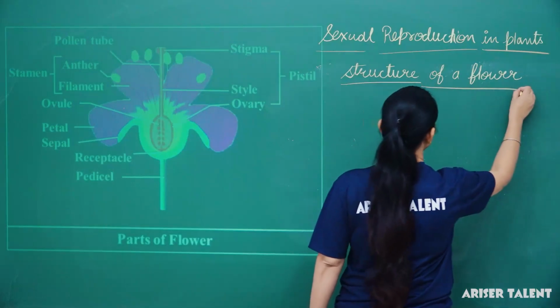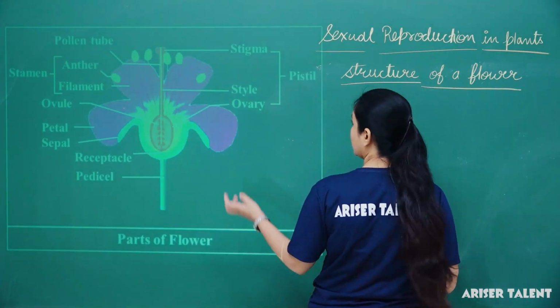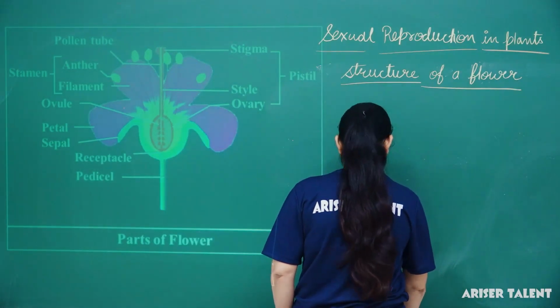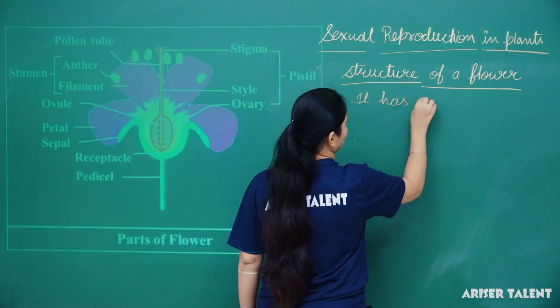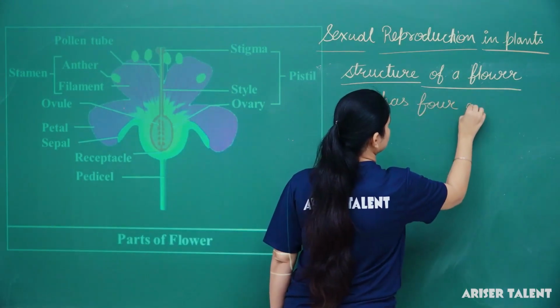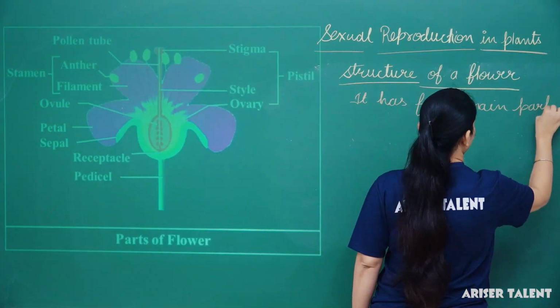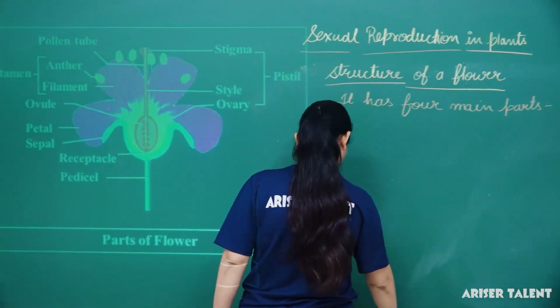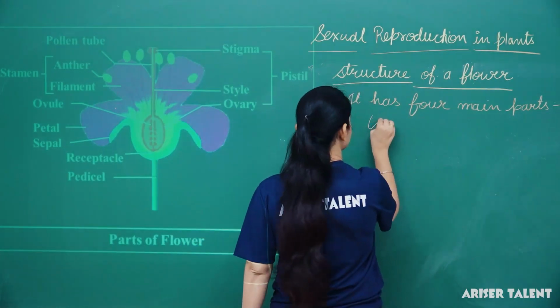Generally a flower has different parts: calyx, corolla, Androecium and Gynoecium. It has four main parts. What are they? Number 1, calyx.